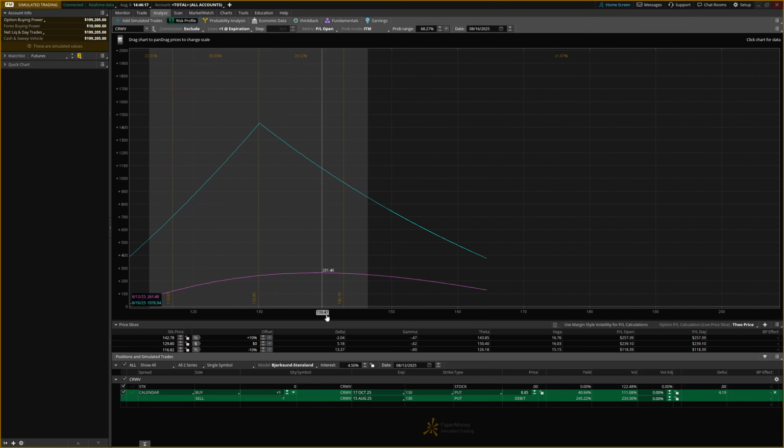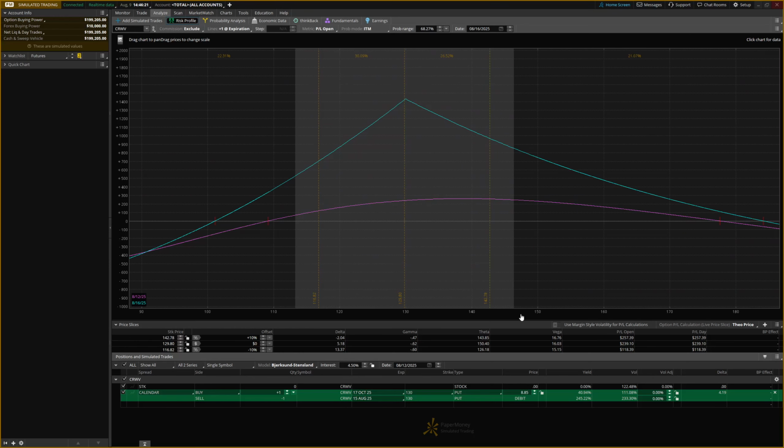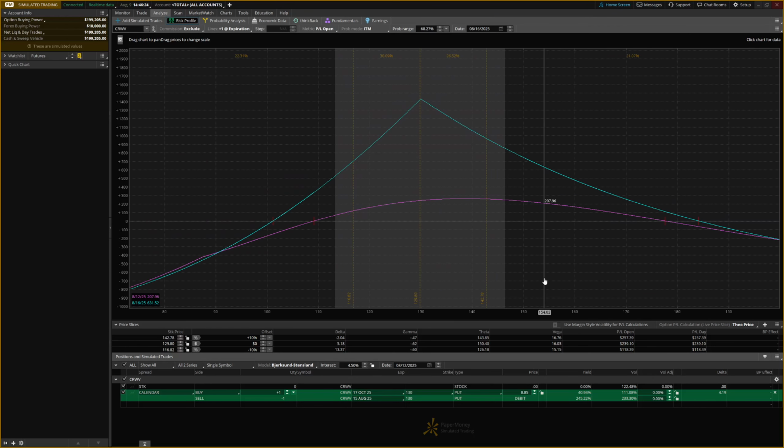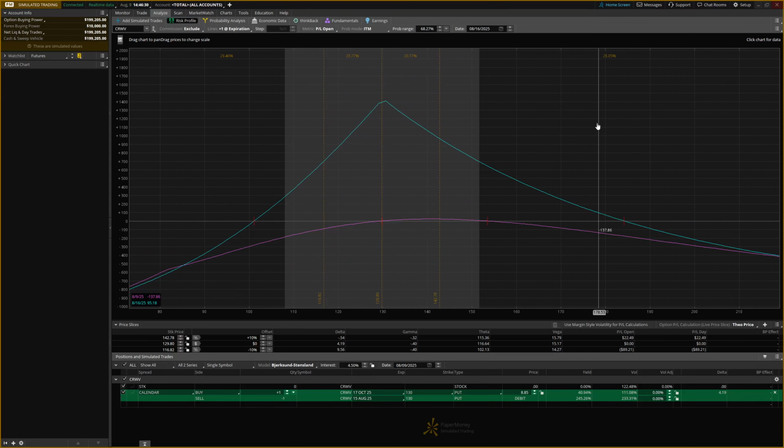The old risk profile, baby. This is the real important tool here. It always has been. So what's going on here? We'll go to today. Okay. So pretend that they report tomorrow, and this is our thing. Look, this is where our money is.